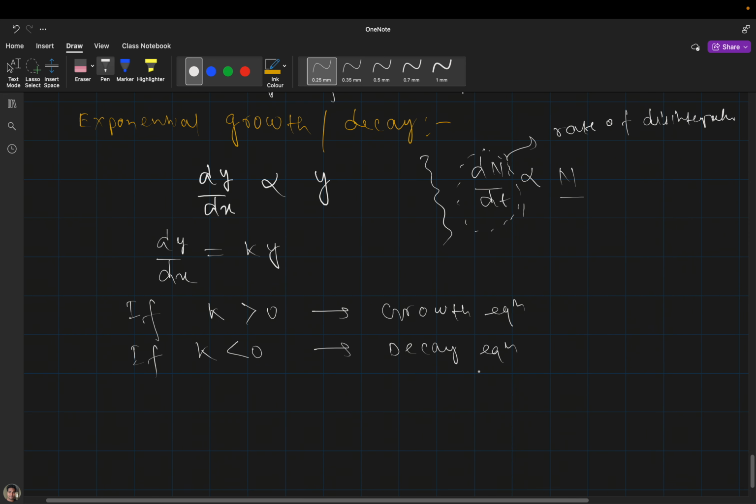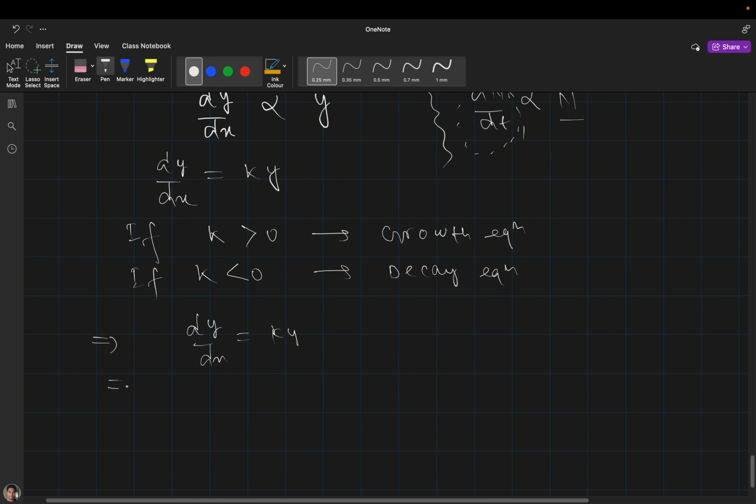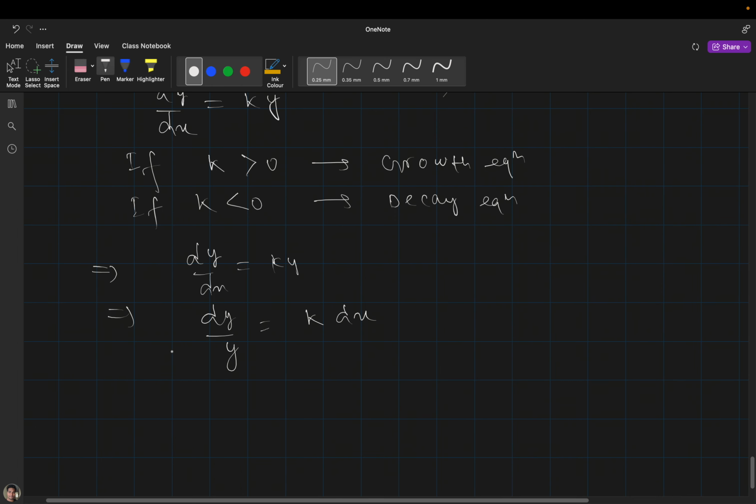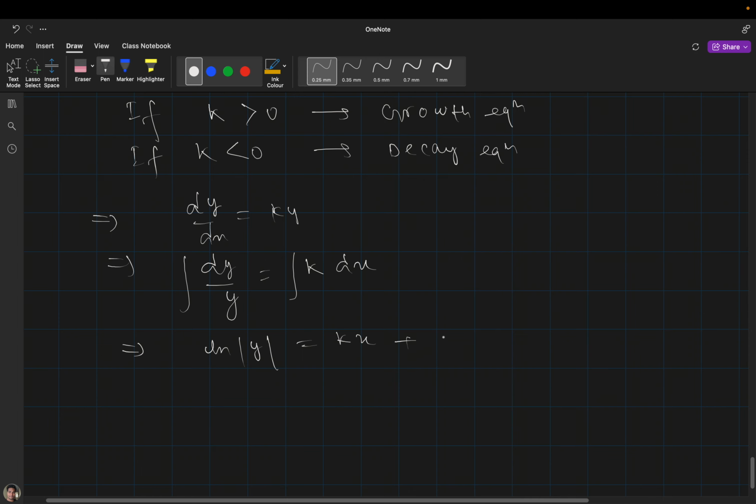Okay, now let's try to solve this. You have a differential equation like this. Now move y here, you will get k dx. Now integrate both sides, you will get ln y equal to kx plus c.